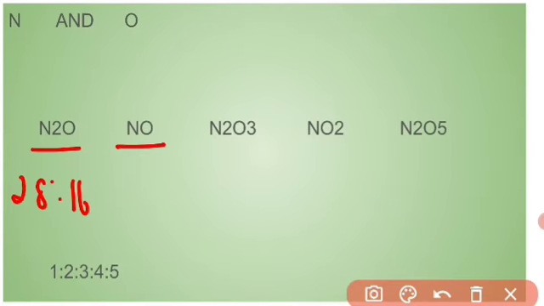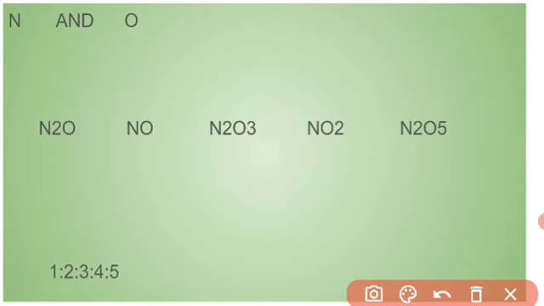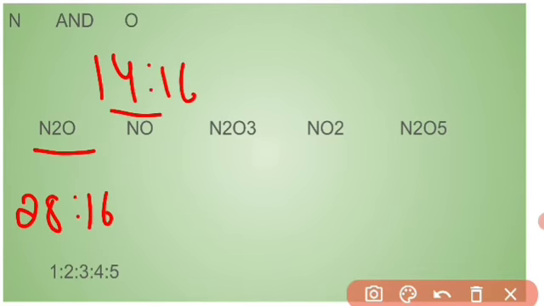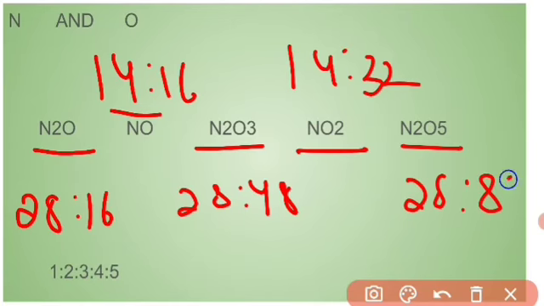NO is 14 is to 16. N2O3 is 28 is to 48. NO2 is 14 is to 32. And N2O5 is 28 is to 80.